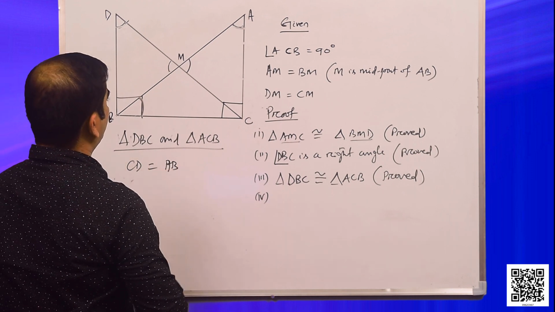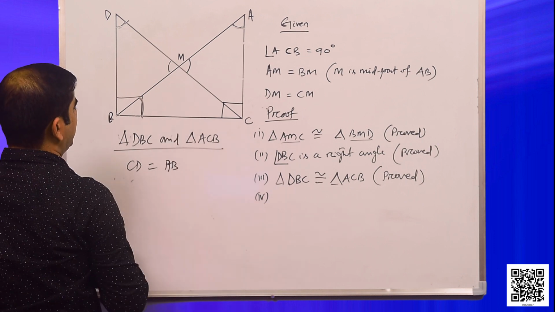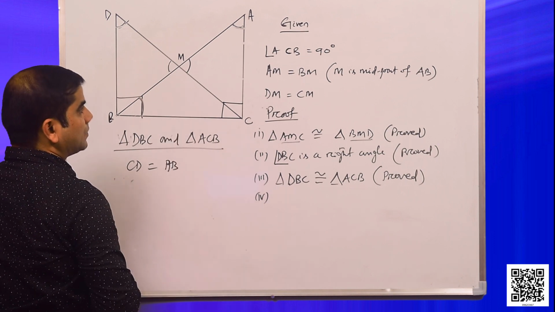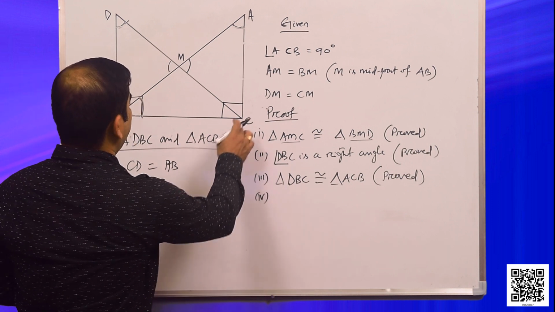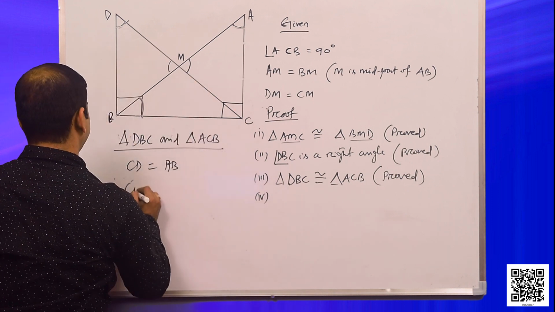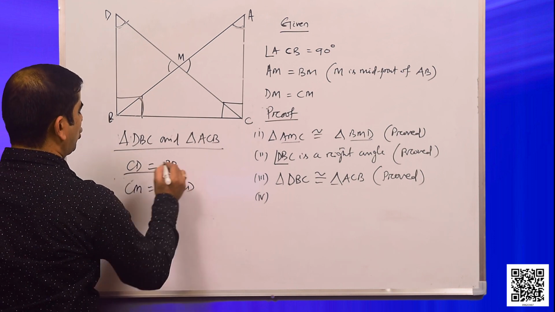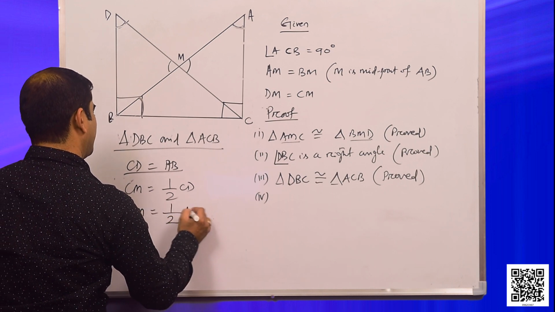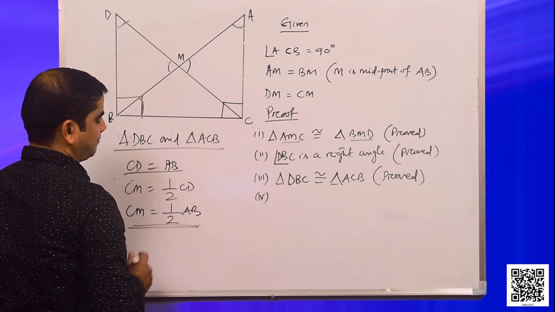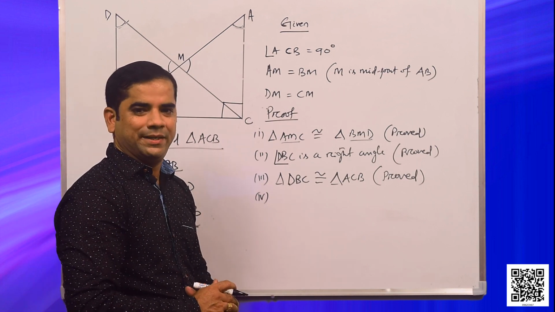So as DM is equal to CM, CM is equal to half CD, and CD is equal to AB. That's why we can write that CM is equal to half AB.